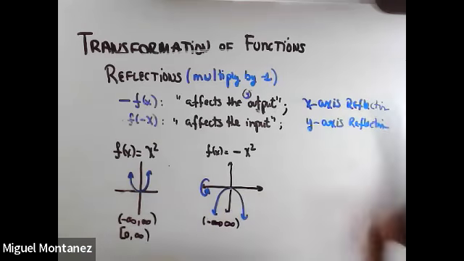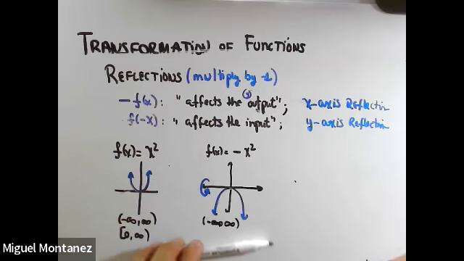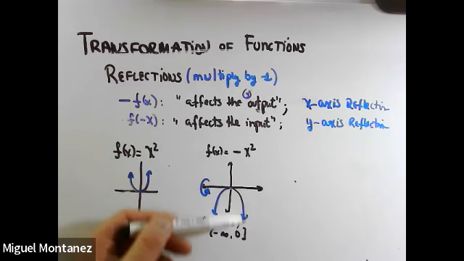However, the range got flipped. So now we always go from bottom up. So we'll go from negative infinity all the way to 0. So parentheses, always parentheses for infinity, negative infinity, comma, 0. Domain and range: 0 to infinity, negative infinity to 0.